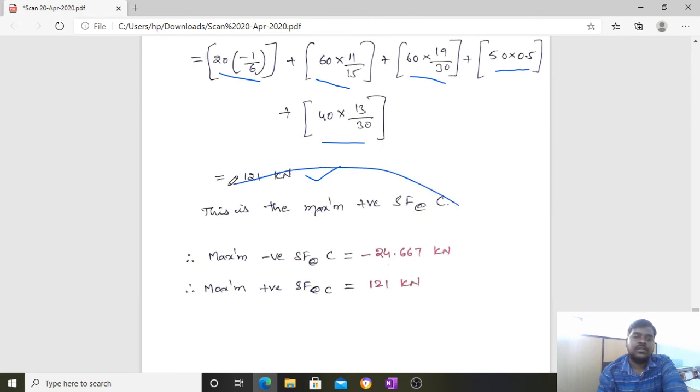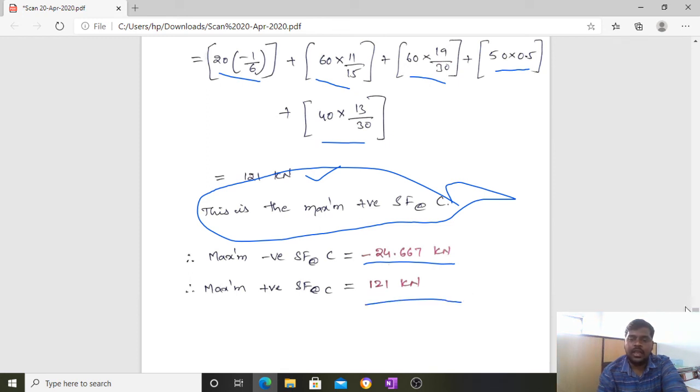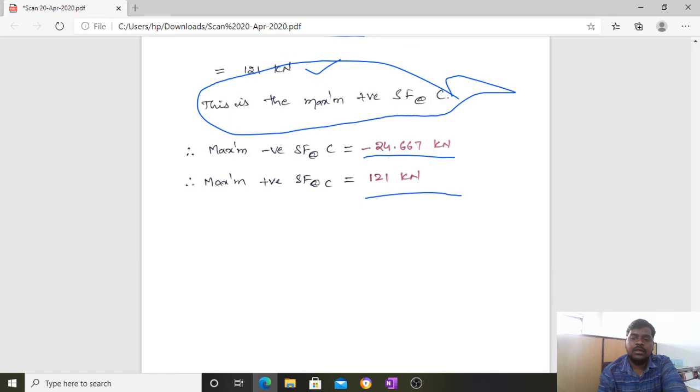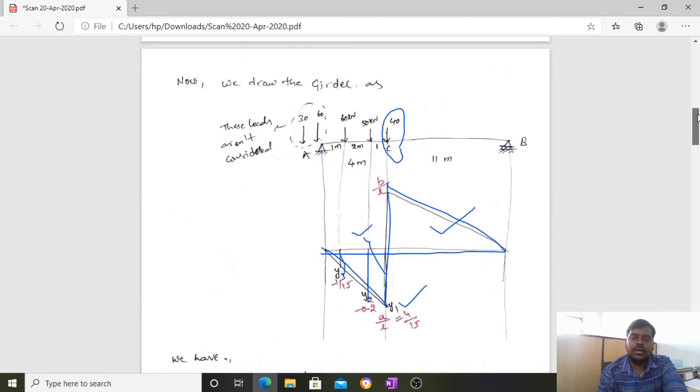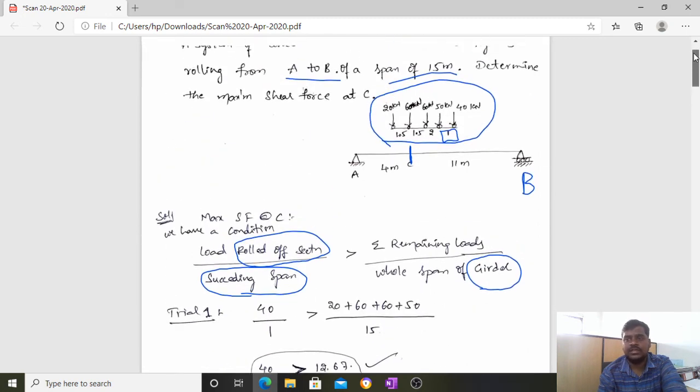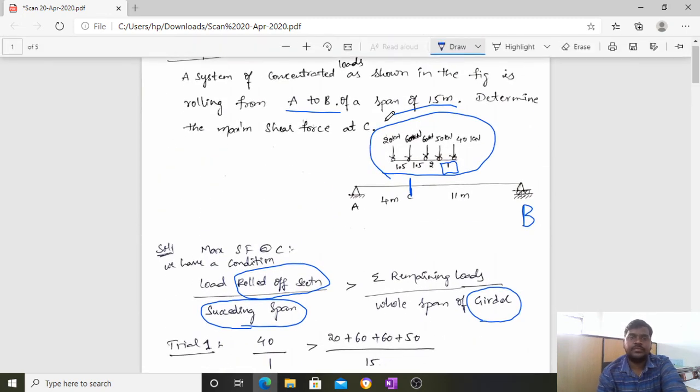So this is a very simple problem, and this is a mostly asked question in many of the university examinations. So the maximum negative shear force at C will be minus 24.667 kilonewton, and the maximum positive shear force at C will be 121 kilonewton as per the loads that are passing on a girder, as discussed in this problem.